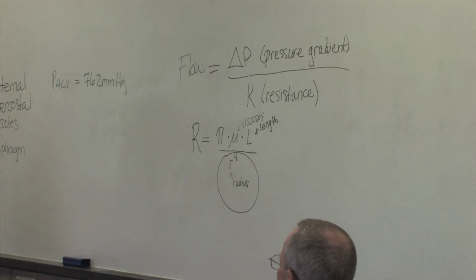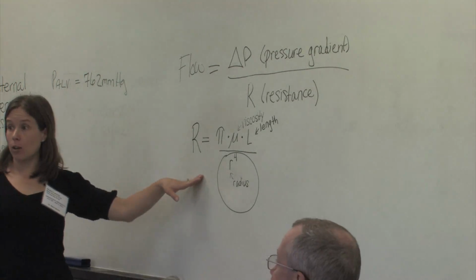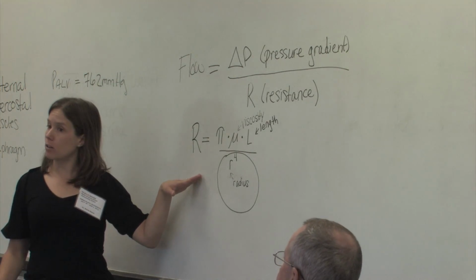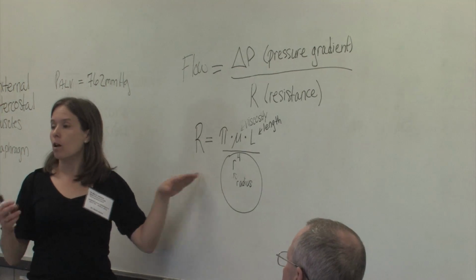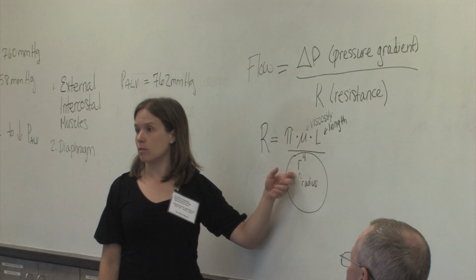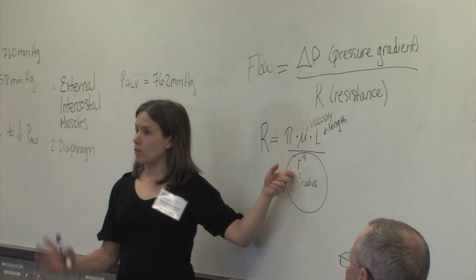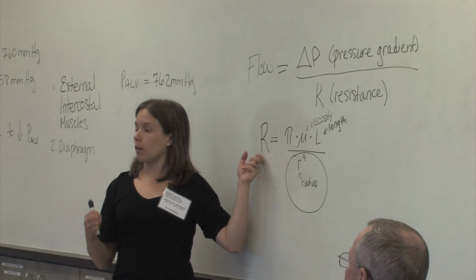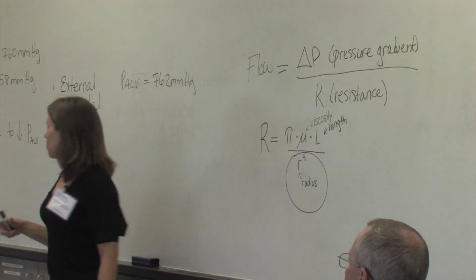Pi as in 3.14. No, this is pi. Yeah. Sorry about that. So when we talk about bronchial diameter, if we want to increase airflow, we would increase the diameter of the bronchiole because that would decrease resistance. Okay, if the bronchiole diameter decreases, that will increase resistance and it'll decrease airflow.